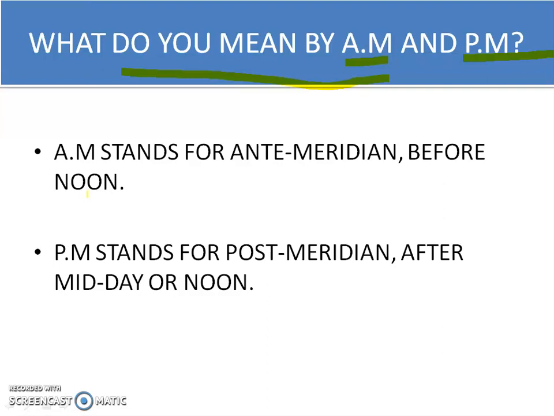PM stands for post meridian, that is after midday or noon. And the time after midnight and before noon is followed by AM. For example, 6 o'clock in the morning is written as 6 AM.